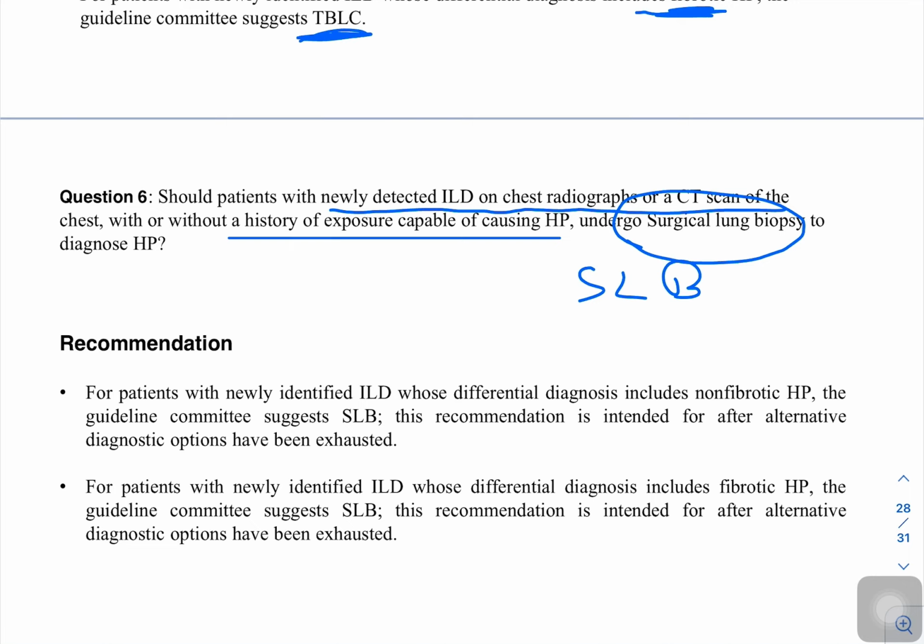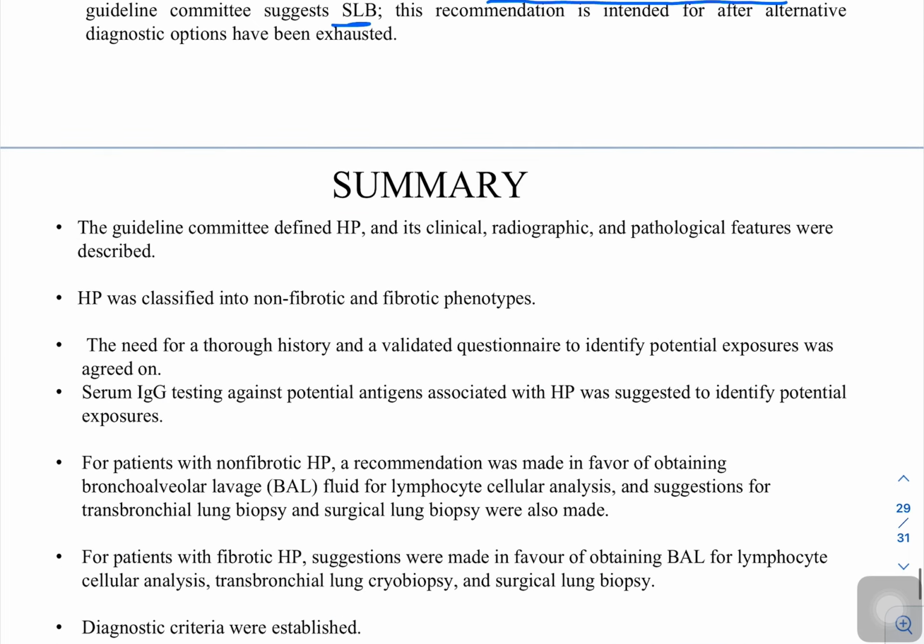This recommendation is intended for after alternative diagnostic options have already been used or exhausted. For patients with newly identified ILD whose differential diagnoses include fibrotic HP, the guideline committee suggests surgical lung biopsy. Same. So if no diagnosis is made, you can go for surgical lung biopsy.